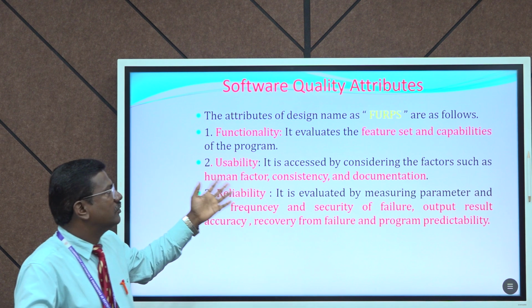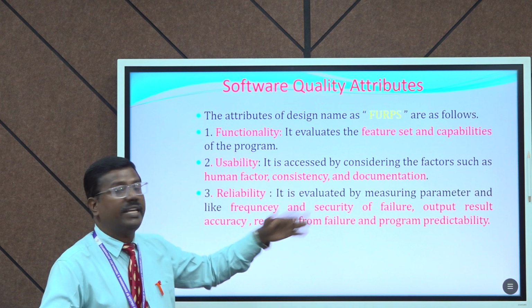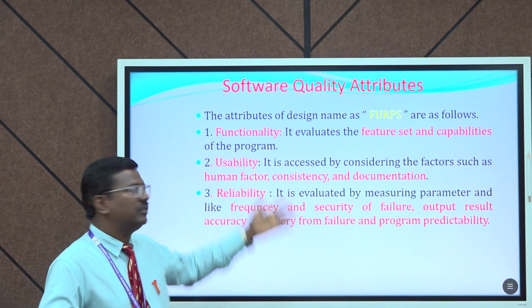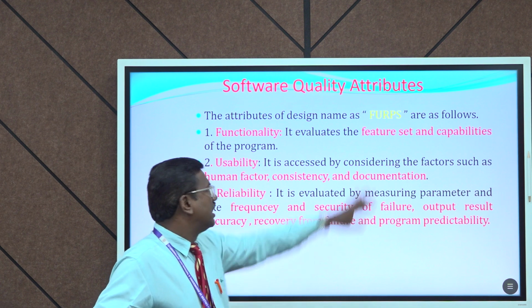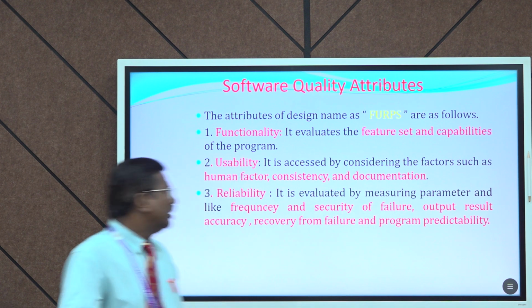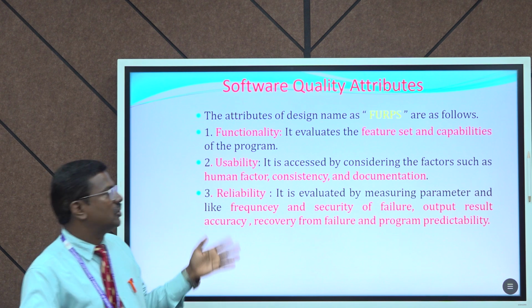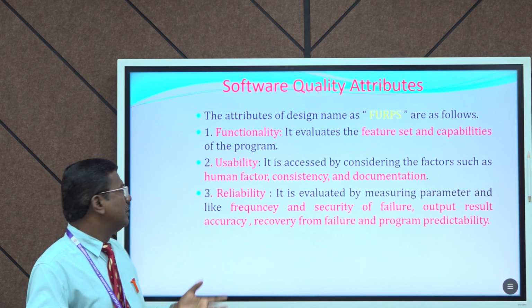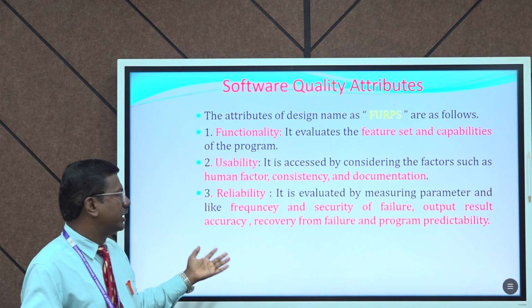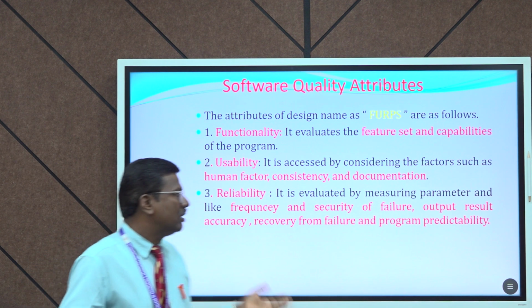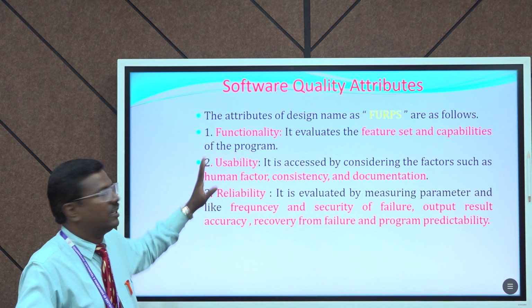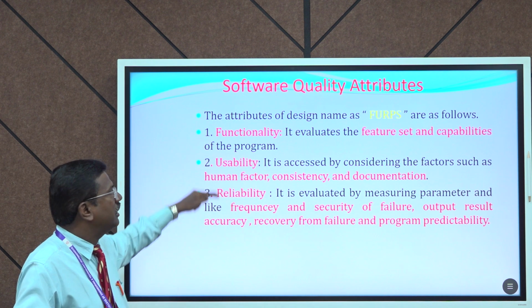Then usability is assessed by considering various factors such as human factors, consistency, and documentation. Then reliability is evaluated by measuring parameters like frequency and severity of failure, output result accuracy, recovery from failure, and program predictability. So these are the quality attributes: functionality, usability, reliability.